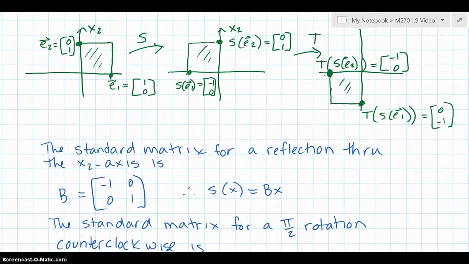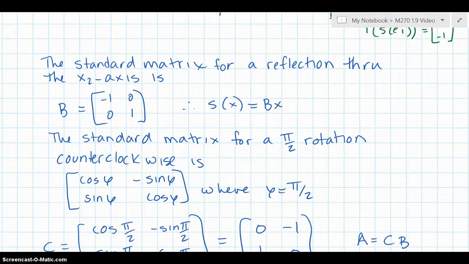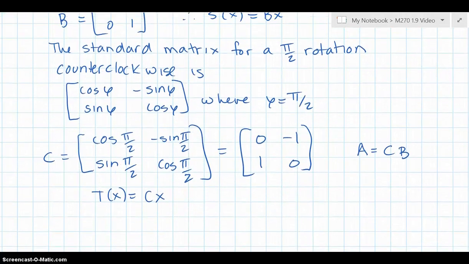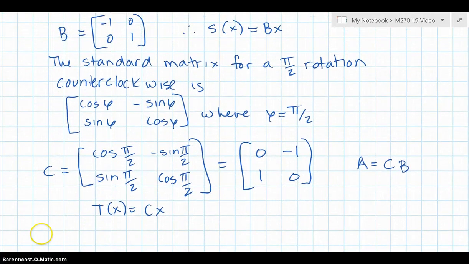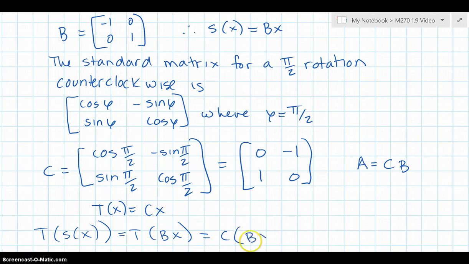Going back over here, we have T of S. So I'm going to call this T of S of x, but S of x is Bx, so it's going to be T of Bx. And if I plug that into T, right there, I get C of Bx, which is just CBx. Therefore, A is just C times B.